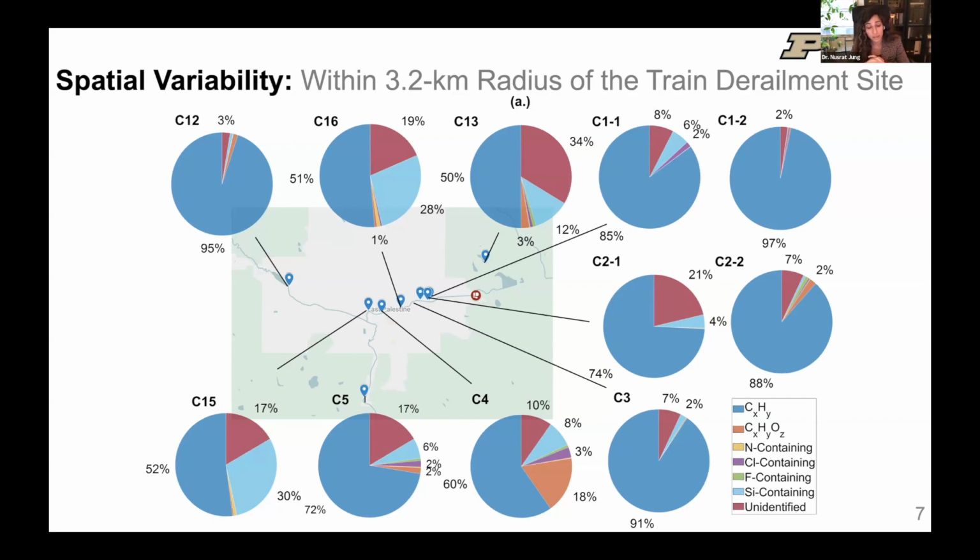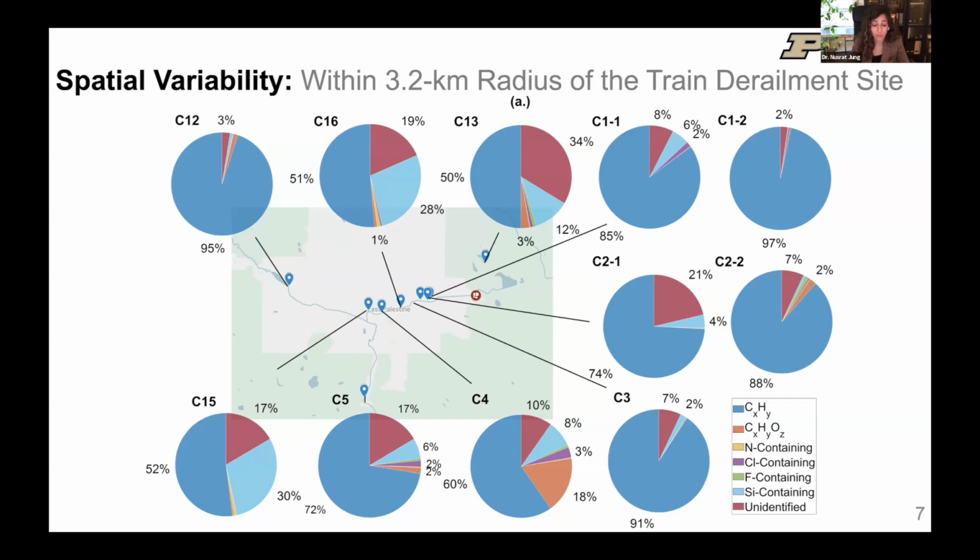The spatial variations can be observed, and you will see that the silicon-containing compounds contribute more to the total VOC mass concentration at the more downstream sites.